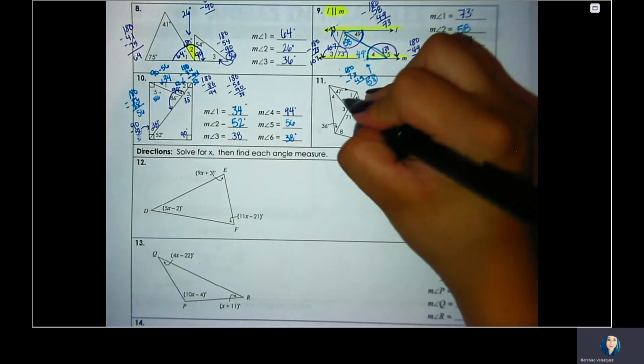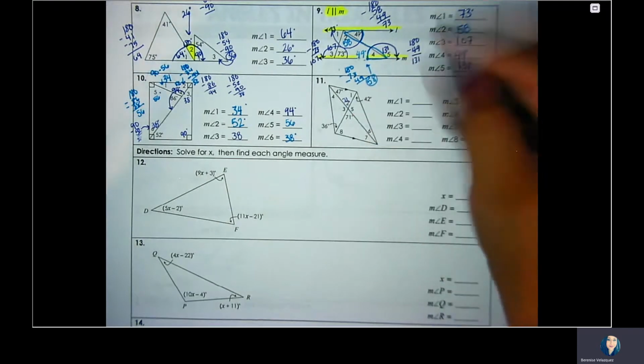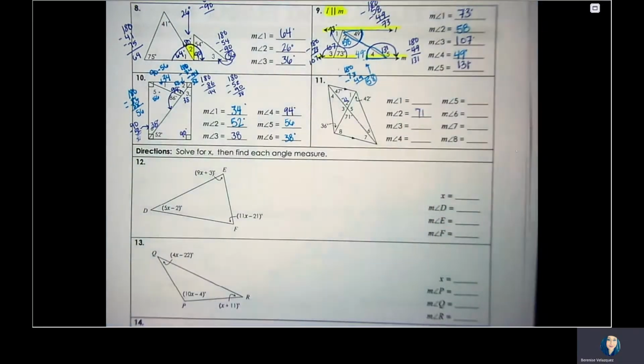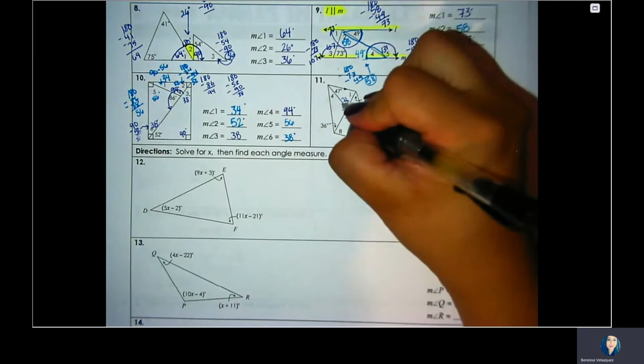So I have a few that I could go ahead and knock out because they're vertical angles. So if this is 71, angle 2 is 71. So I can go ahead and go to angle 2 and put a 71 in there. Okay, now that I have that written in, the next one I could do is the one beside it because they're a straight line. And if they're a straight line, then I'm able to figure out its value.